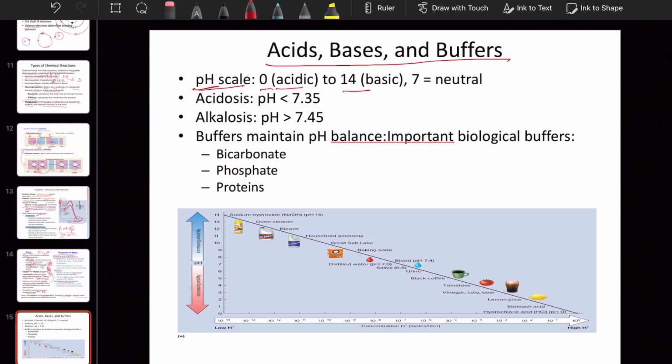The closer we go to 14, the more basic. 7 is neutral. Distilled water, DI water, not the faucet water, has a neutral pH of 7. Then your blood pH is going to be what? 7.4, a little bit more basic.